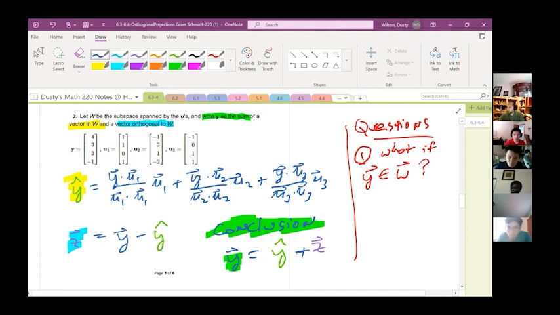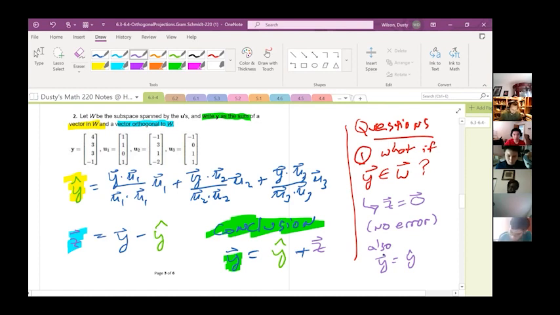Yeah, from Gerald, that would mean Z is 0. That would mean Z is 0, that basically there is no error in the approximation. No error. And then Ahmed said that you'd also have that Y is equal to Y hat. Yeah, so good. So that's one question.